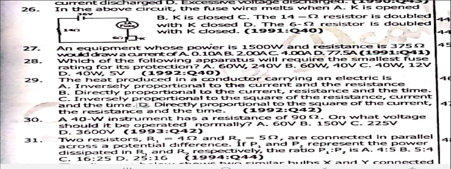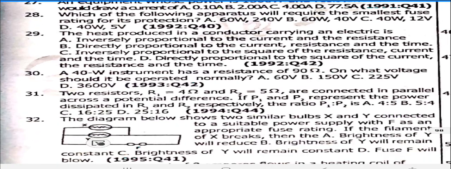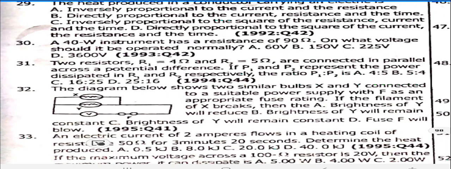If you make current the subject, you get power over V. Sorry, the correct answer is option D. Heat equals I squared RT. Heat is directly proportional to the square of the current, resistance, and time. Option D. 29 is option D. 30 is not solved.